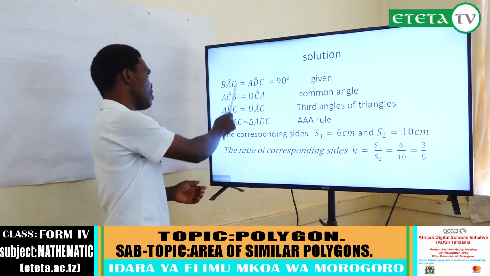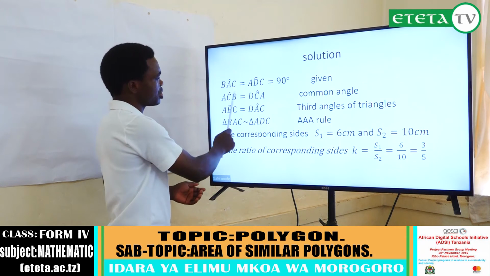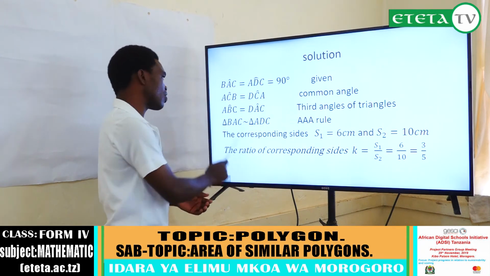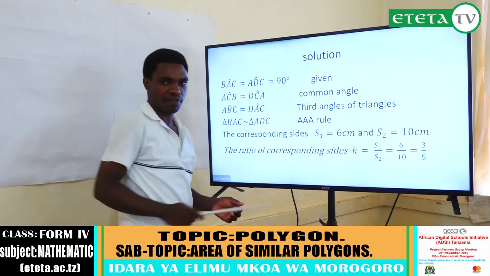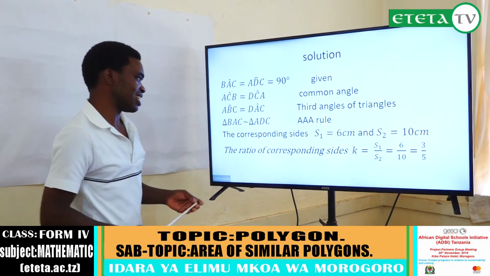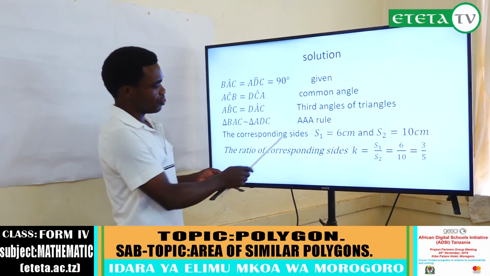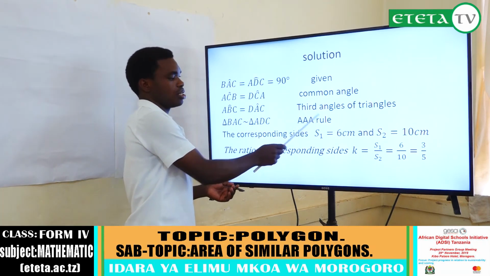We are given that these two are equal because of the right angles, these because of the common angle, and this one because of the third angle of the triangles. Therefore, these two triangles are similar. And they are similar by using which rule? We actually use the AAA rule.